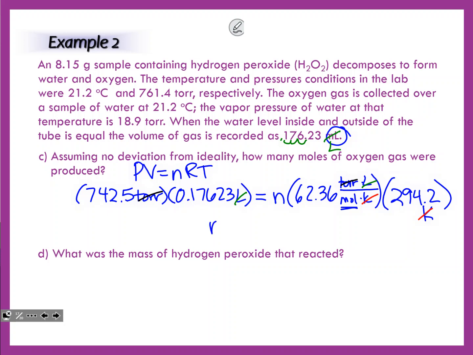So for n, I'm getting 0.00716. Did I get that right? Did I punch something wrong? No, I did punch something wrong. 742.5. I did 745.5.